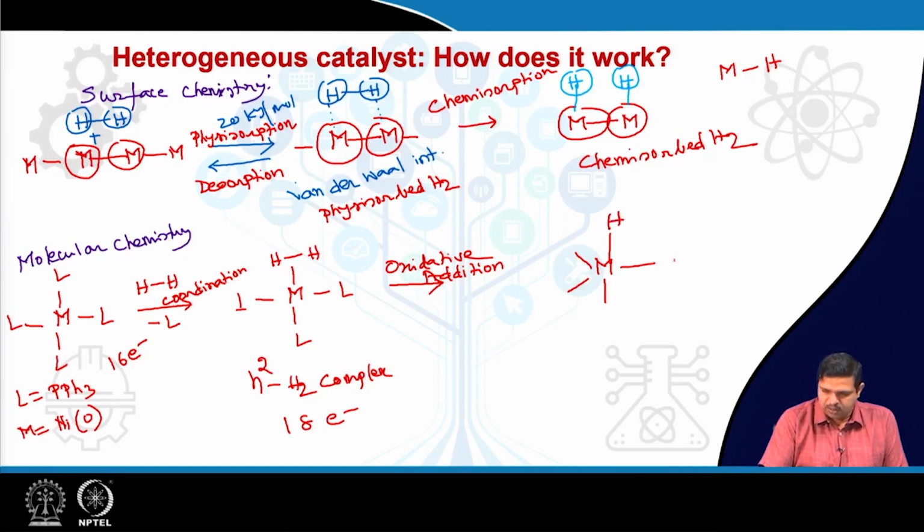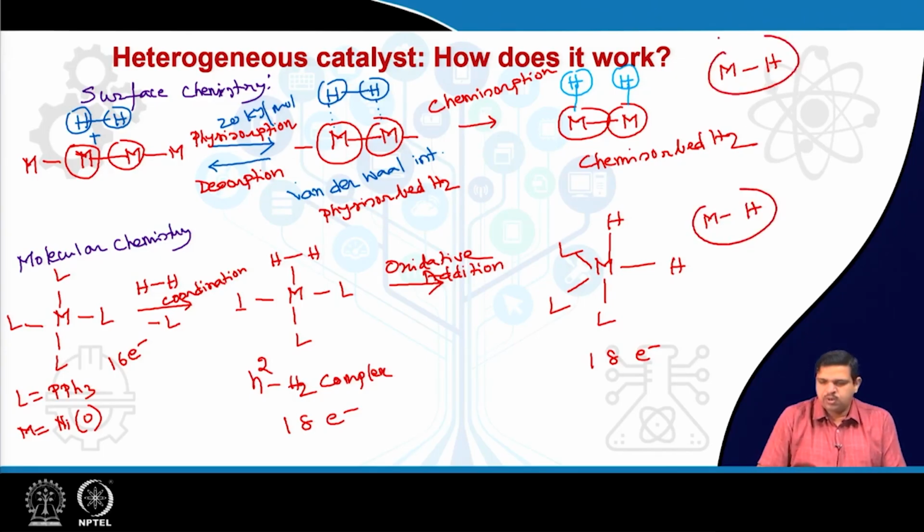If one triphenylphosphine goes away, then it will be square planar. Here you will see this is again an 18 electron system, and there is a formation of an MH bond again. So in this case also you see an MH bond.